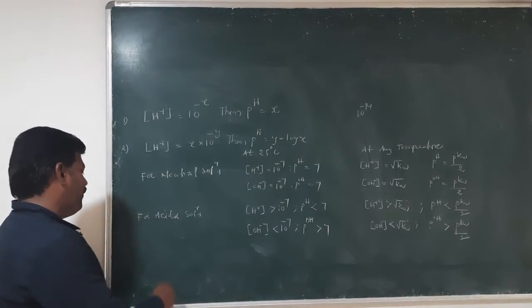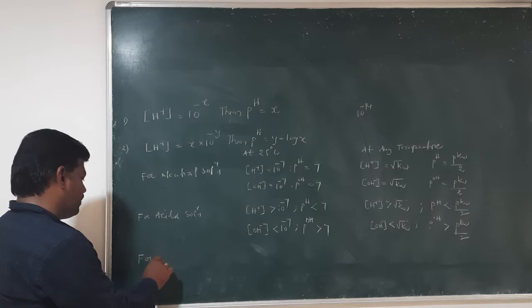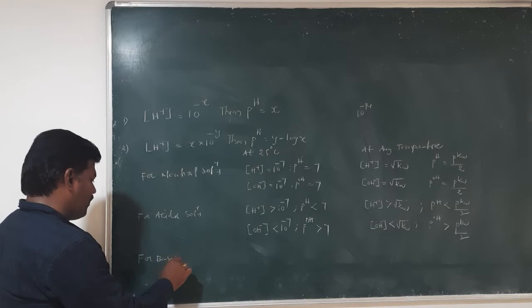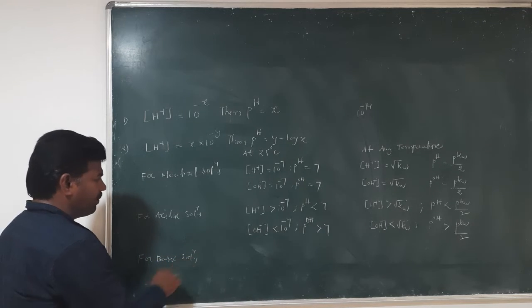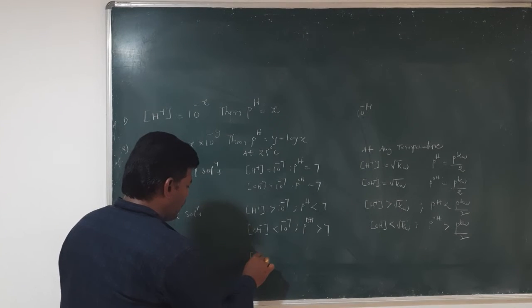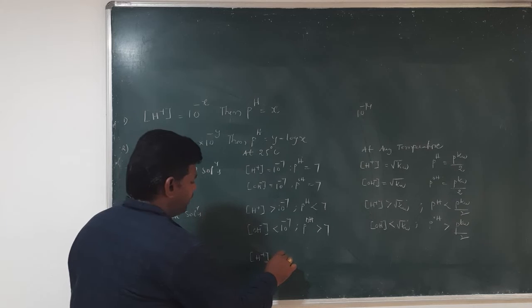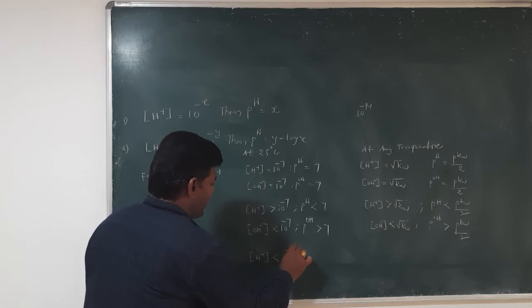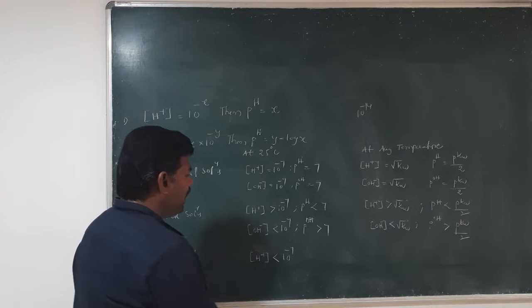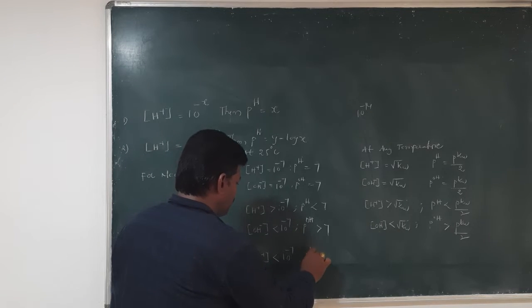And for basic solutions, the concentration of H plus ions is less than 10 power minus 7 and pH is greater than 7.